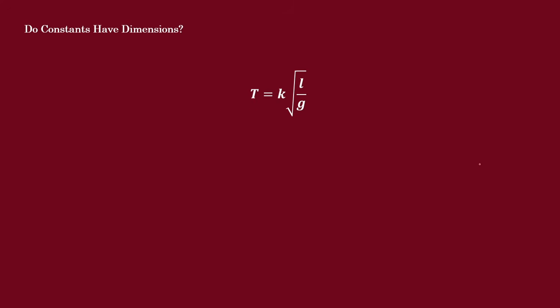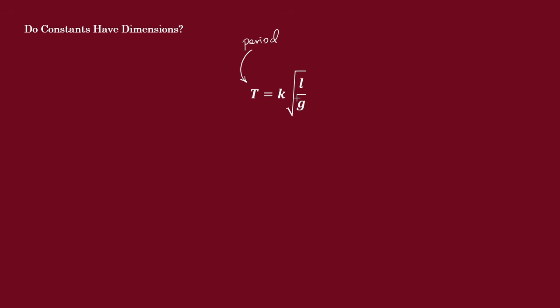Okay, so we're going to look at a very important aspect, which is to show: do constants have dimensions? So this is the formula for the period of a simple harmonically oscillating body. This is the period, and we're going to try to see if constants have dimensions.